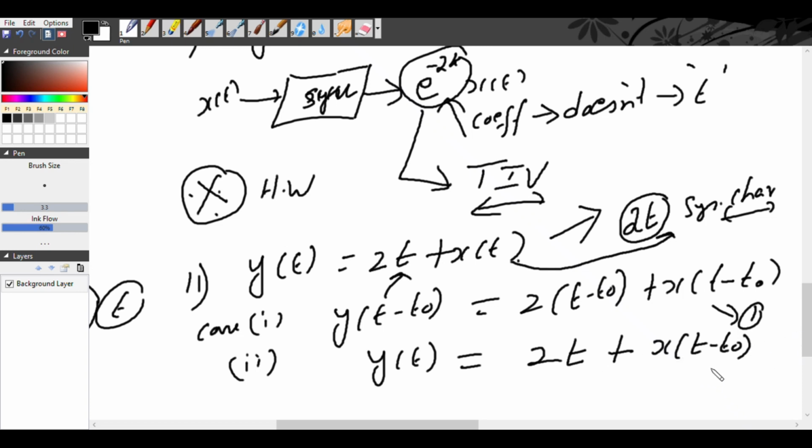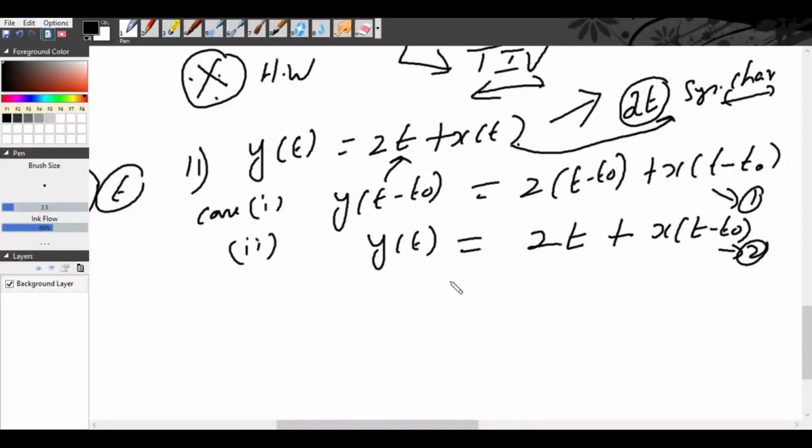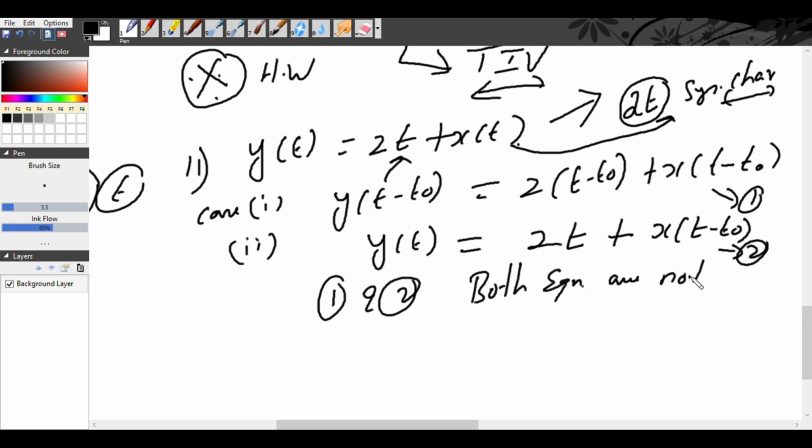I call this equation 2. From equations 1 and 2, are both equations the same? No, they are not the same. So from equations 1 and 2 we conclude that both equations are not the same, and hence this particular system is a time variant system.